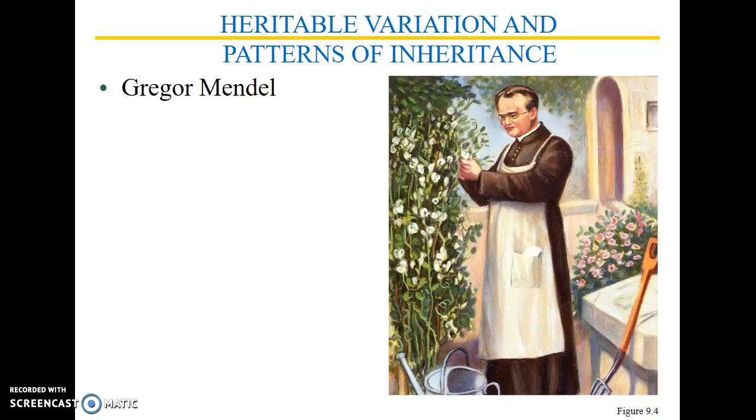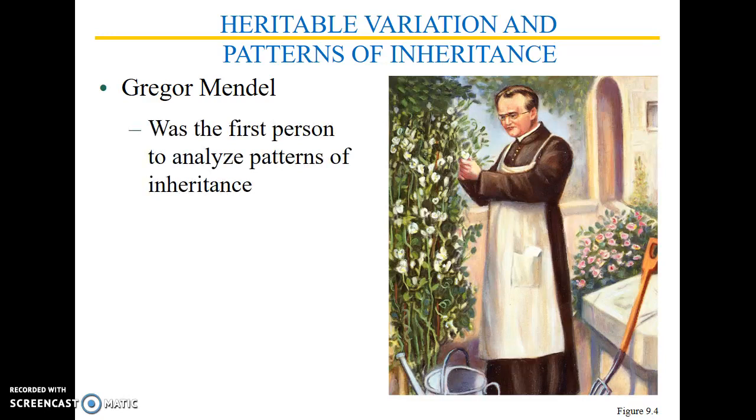Okay, so let's talk a little bit about Gregor Mendel. He was a monk who was living in what is now the Czech Republic. He worked in an abbey garden with pea plants in the mid-1800s. And he was really the first person to analyze patterns of inheritance. He did experimental crosses with pea plants to try to understand how traits were being passed down to offspring.